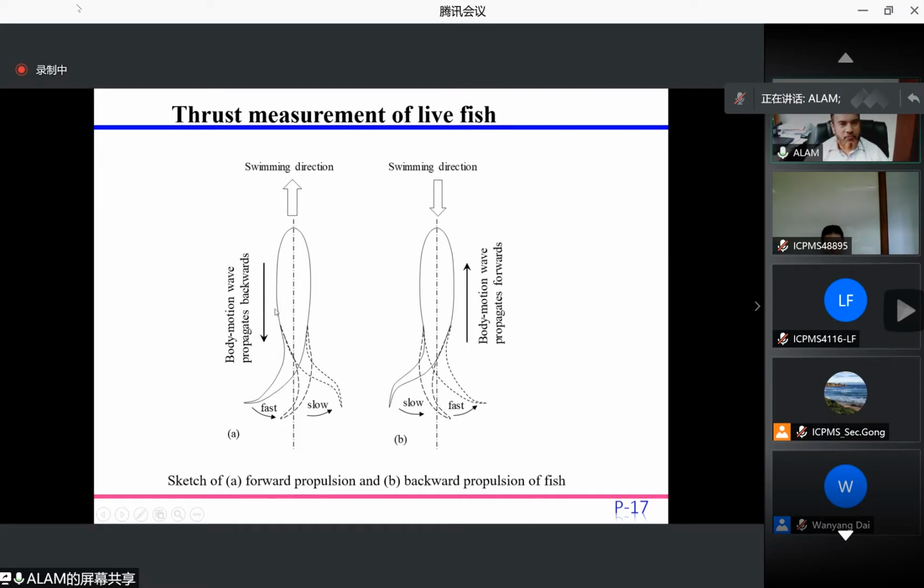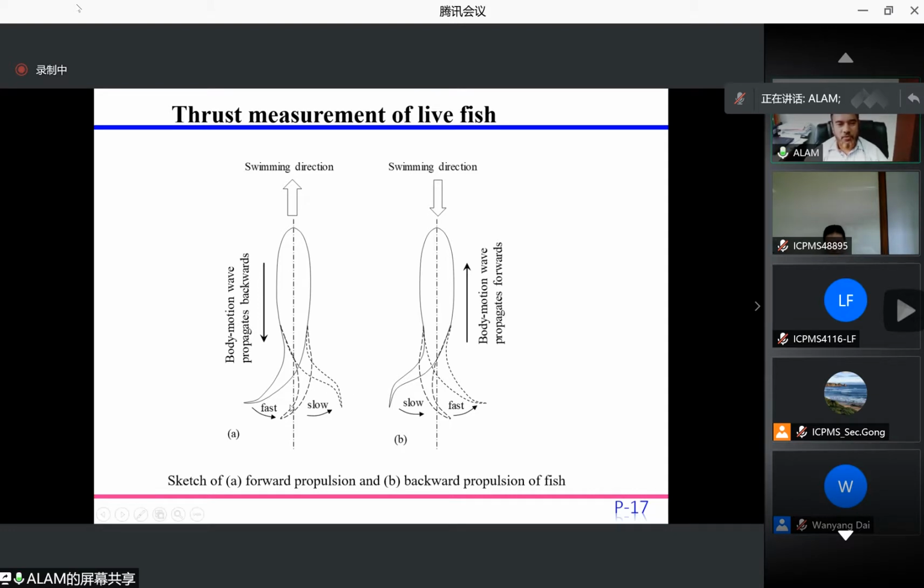For the forward movement, the strokes around the symmetric line are different. The inward stroke is fast for forward swimming, and the outward stroke is slow. This is opposite for backward swimming. The inward stroke is slow for backward, and the forward stroke, I mean the outward stroke, is faster.